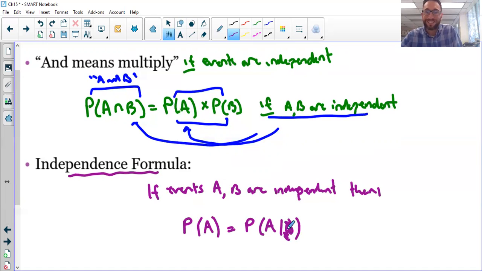Given B didn't change the probability. We ended up with the same answer as the probability of A. So in other words, the given B happened didn't affect the chance that A occurred. So B kind of had nothing to do with A. Those events are independent. Or I could say the probability of B should equal the probability of B given A. So this is the independence formula.